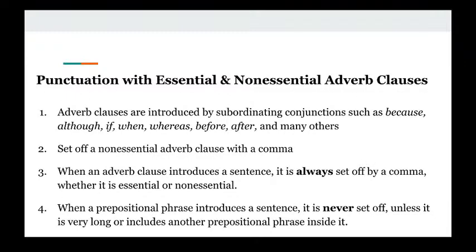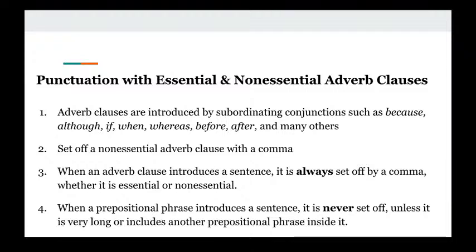So the next topic, the title is a little similar, but it's punctuation with essential and non-essential adverb clauses rather than elements. Okay, so rule number 1, adverb clauses are introduced by subordinating conjunctions such as because, although, if, when, whereas, before, after, and many others.